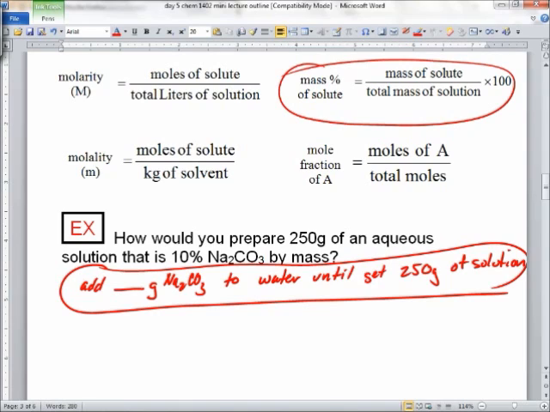So we are going to put in, what numbers are you going to plug in here? 250 grams in the bottom here. How about the 10? Where are you going to put that? Yeah, the left side, the mass percent. Then up on top, we could just write mass of solute or mass of sodium carbonate.